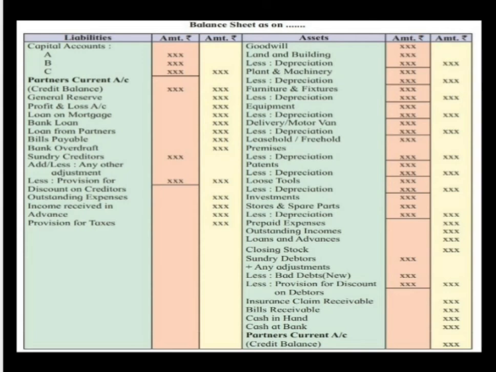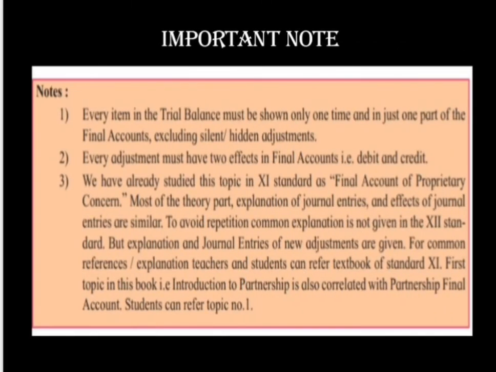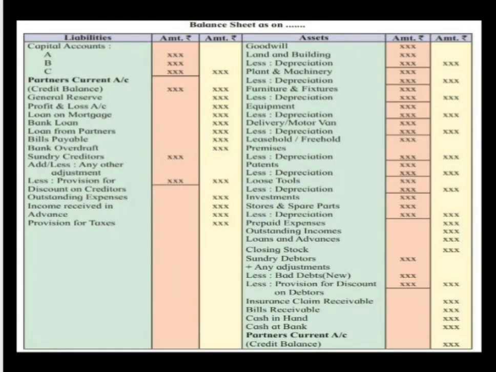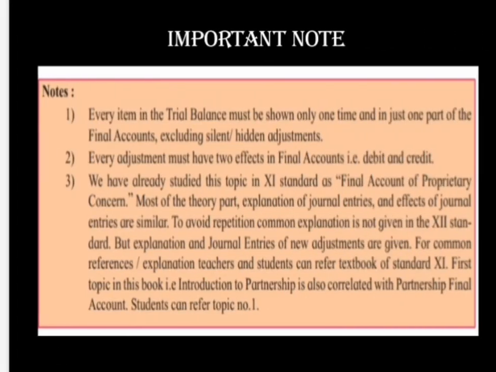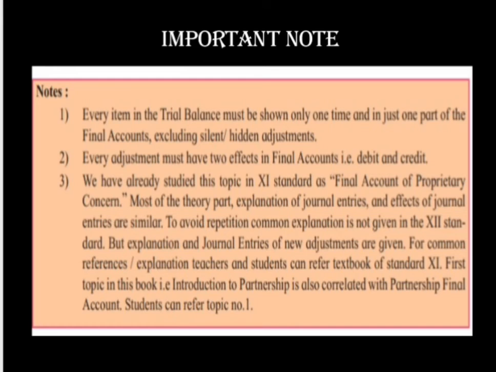And here we have to remember that the balance sheet should get tally, means assets and liabilities should be equal. Then we can say that our problem is right if it gets tally.